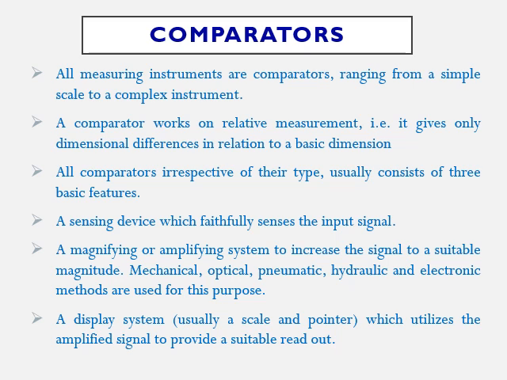It amplifies and converts it, giving output as a movement of the dial in a dial indicator. The dial indicator is a display system. That is how the whole system of a comparator works. So the dial indicator is an example of comparators.